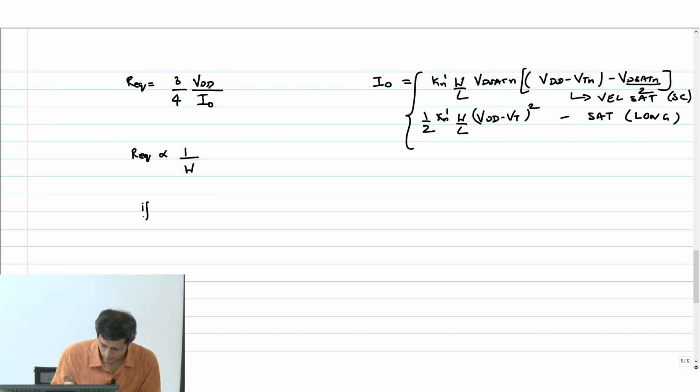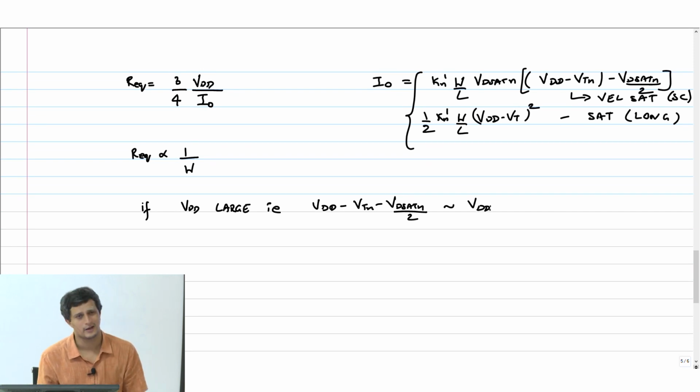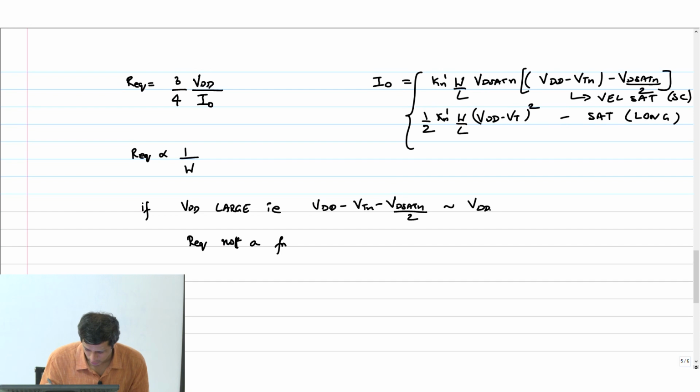So if VDD is large, right? What does large mean? That is VDD minus VTN minus VD sat n by 2 is nearly VDD, right? This is just a first order thing to show you that R equivalent then is not a function of VDD.